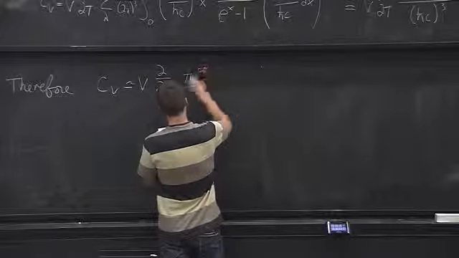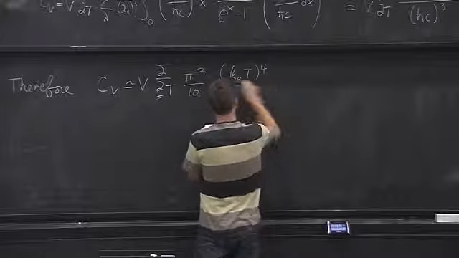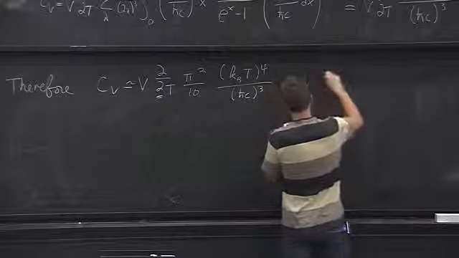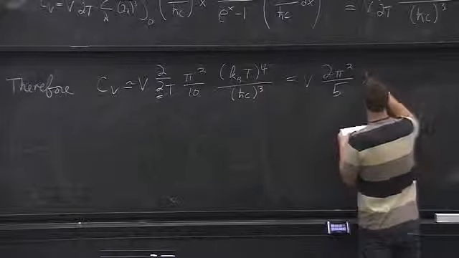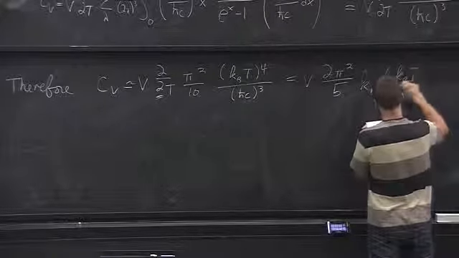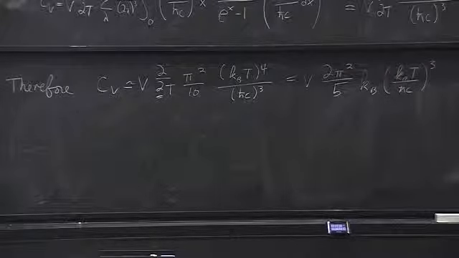That was my lowest moment as a professor. Now I've taken the partial derivative. I have an extra kB out front, and there's my T cubed dependence. So it's in complete contrast to the classical Dulong and Petit law.